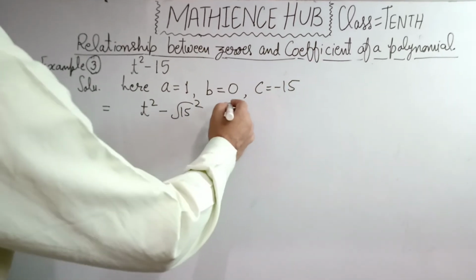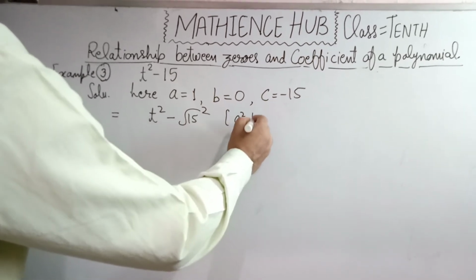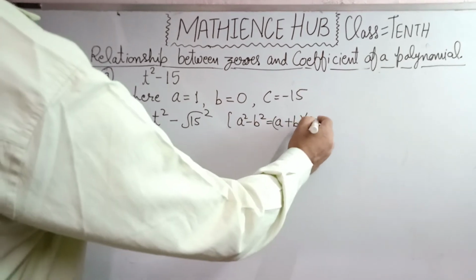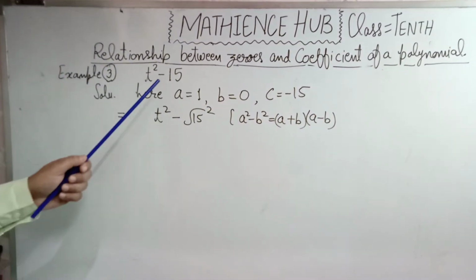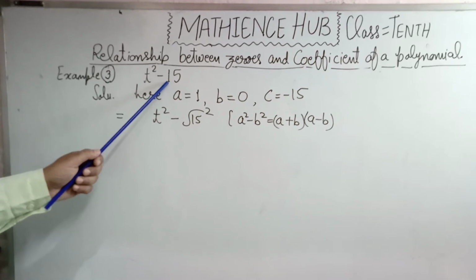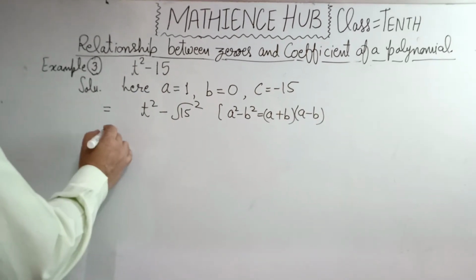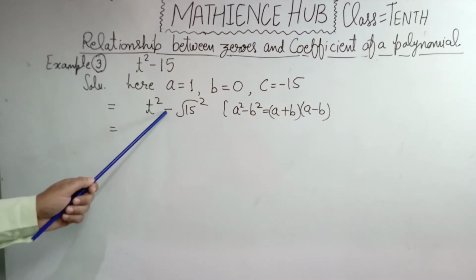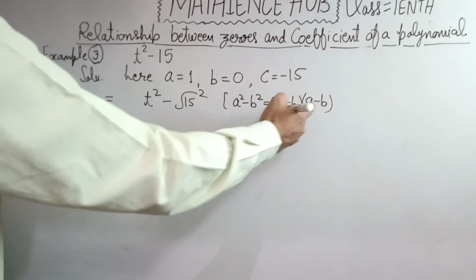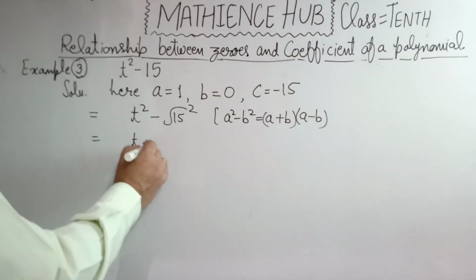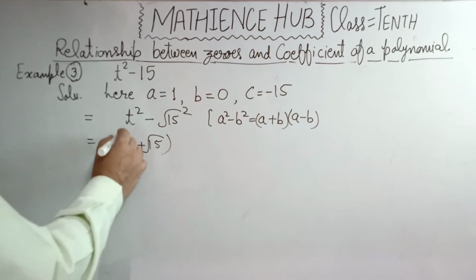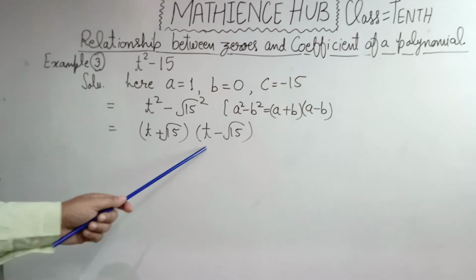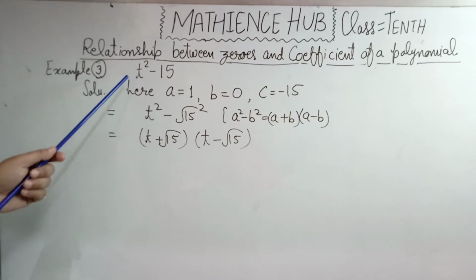Here we write down the identity a square minus b square equals a plus b, a minus b, because 15 is not the square of any number. Both numbers are squared, and the sign is minus, so we write a plus b, a minus b. t plus root 15, t minus root 15 are the factors of this quadratic polynomial.